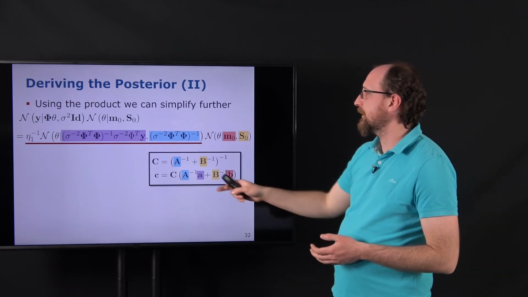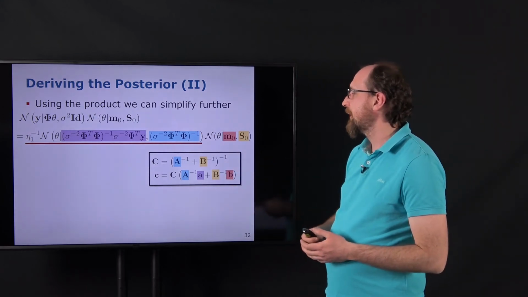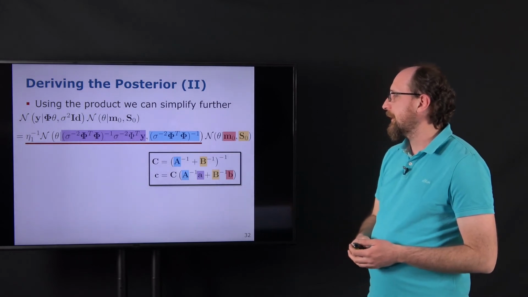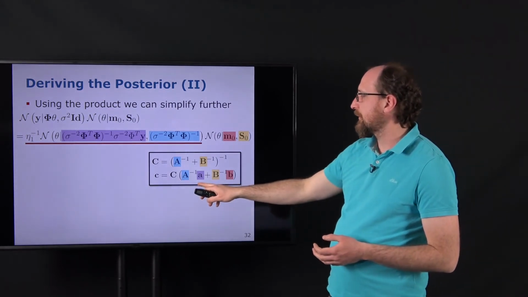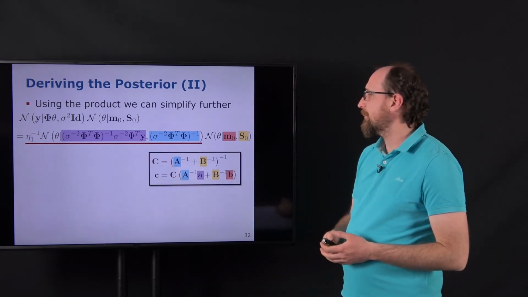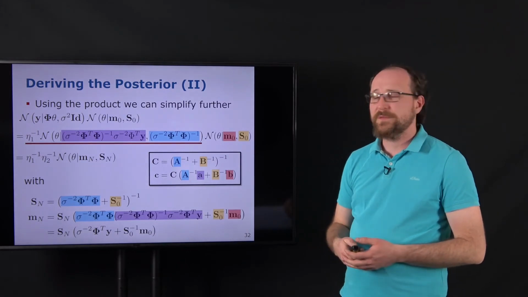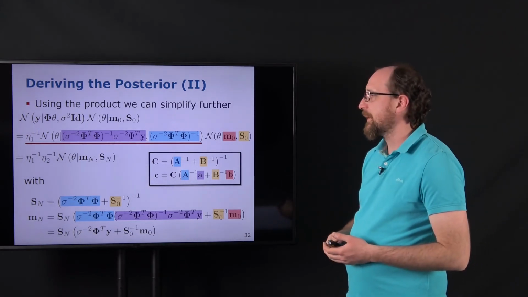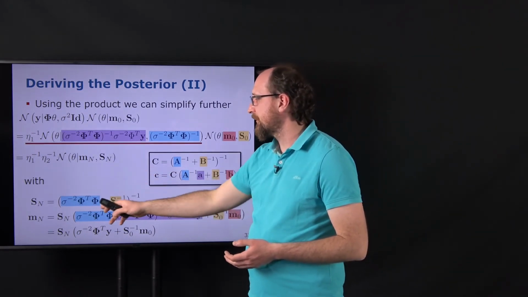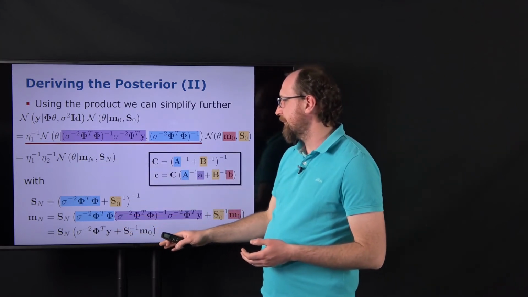So we have the A covariance given by this term, and the B covariance is given by the S0, and then one mean is given by this term here, and the other mean is given by the M0. And then when we use the theorem from before, we can replace the newly found covariances by these terms and the new mean by this term.